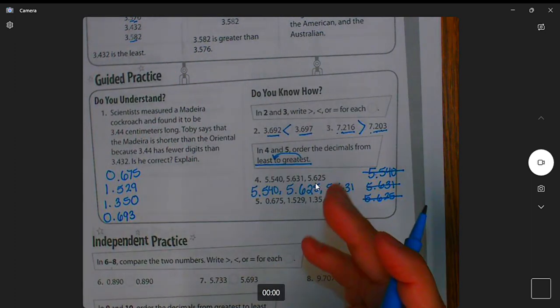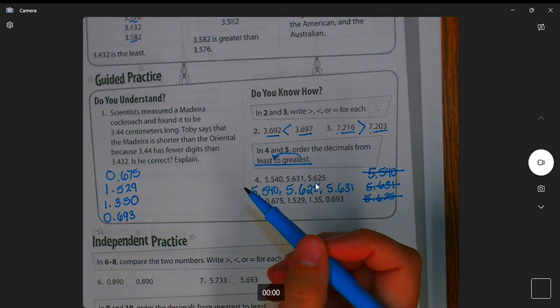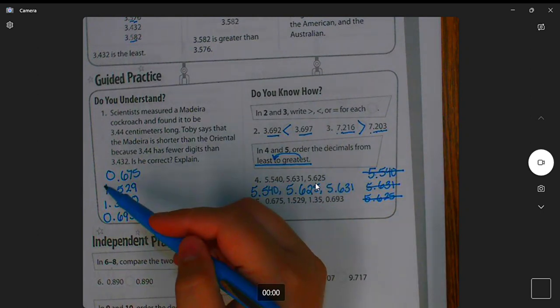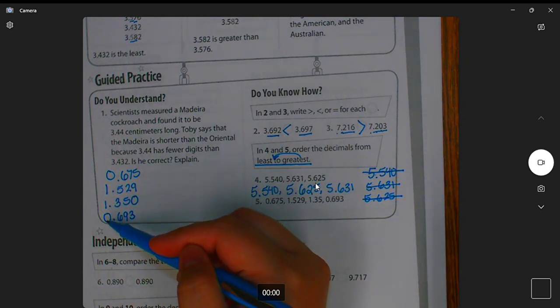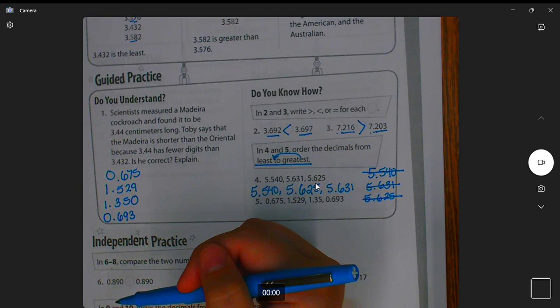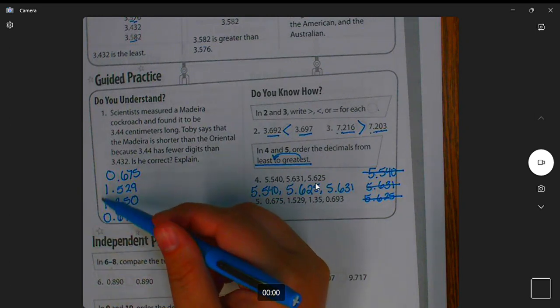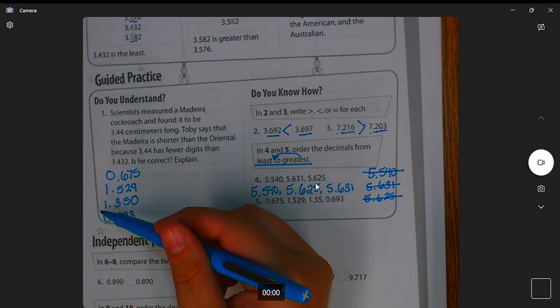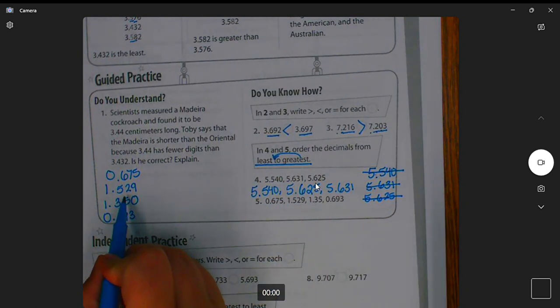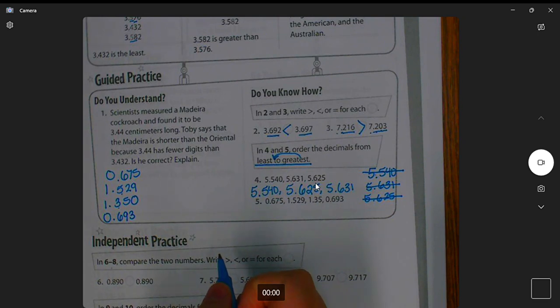Are we ready? As always, start at your ones place. 0, 1, 1, 0. Ooh. Do you see, too, that I might need to look at it a little bit more closely? Yeah, the ones that start with 1 because they're the biggest. They're already a whole. So, move over to your tenths. 5, 3. Which tenth is bigger?